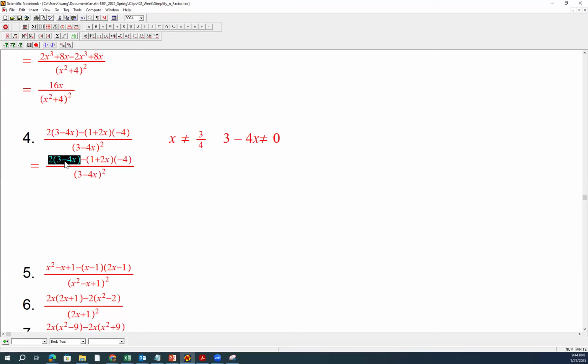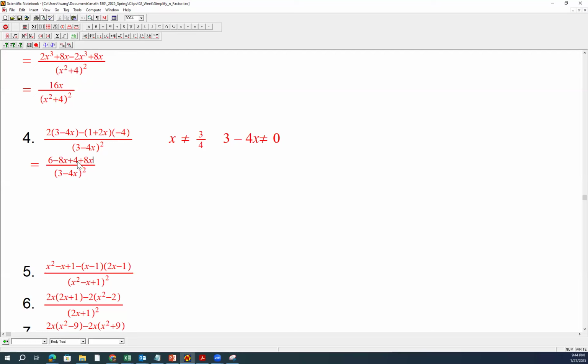On this question, just keep going. 2 times 3 gives you 6, and 2 times 4x is a minus 8x, so 6 minus 8x. In the latter one, the negative 4 and the negative sign already make a positive, so 1 times 4 is going to be a 4, giving 4 plus 8x.